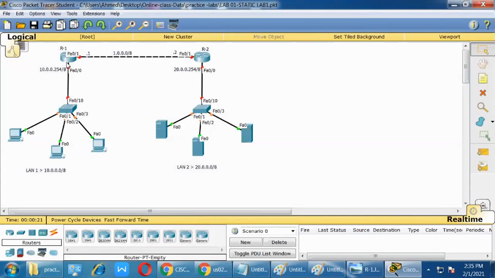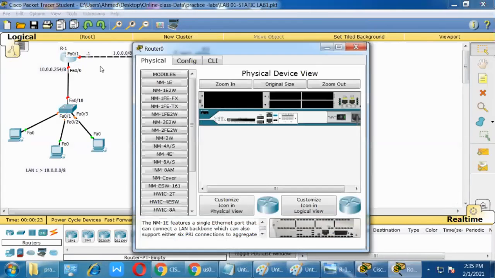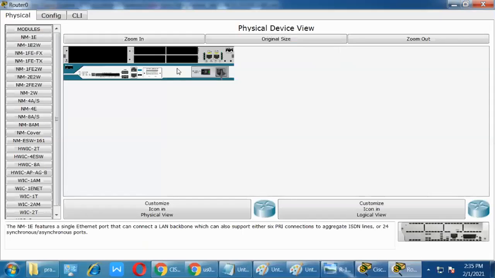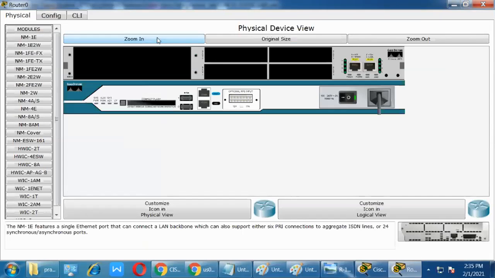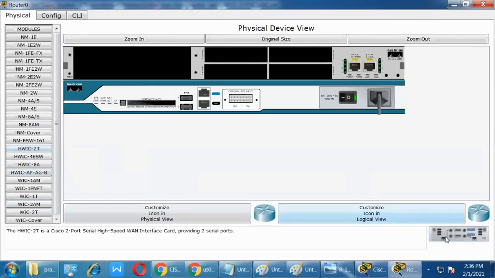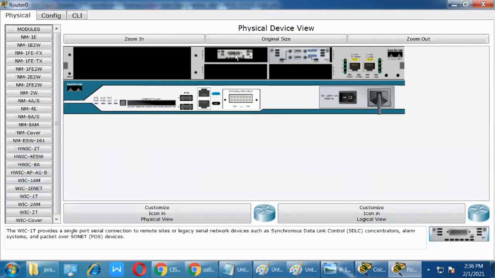See here, these are the routers. Here, if you are saying Fast Ethernet, and here you can configure the serials. See here, this is the 60 pin and this is the smart 26 pin serial port.